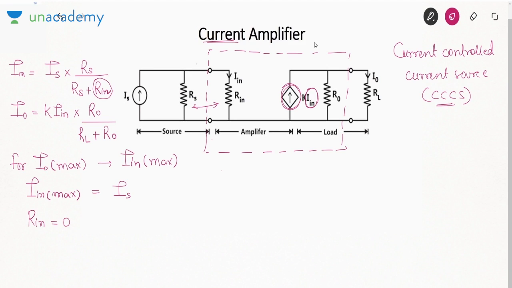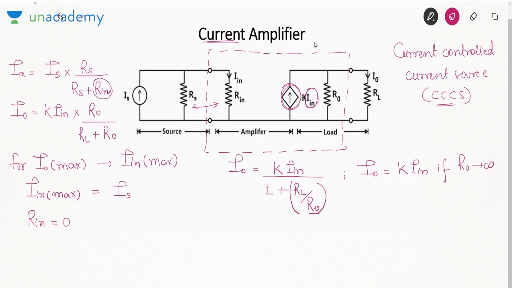Now for I0 to be maximum, you can write I0 equal to Kin, taking R0 in the denominator, 1 plus RL by R0. So now you can say that I0 is equal to Kin if R0 tends to infinity.